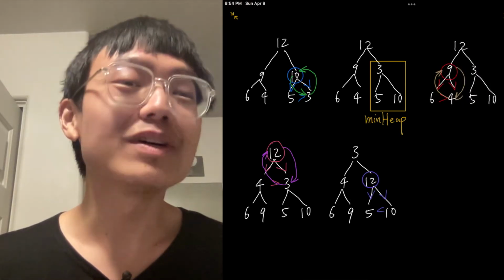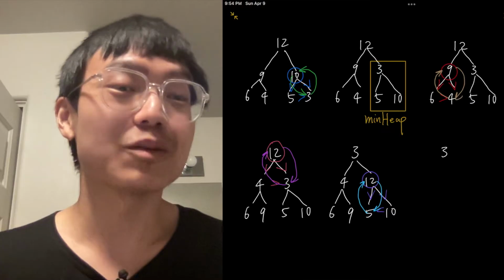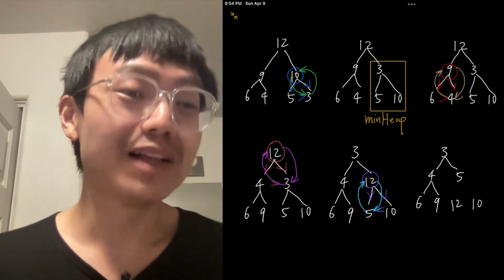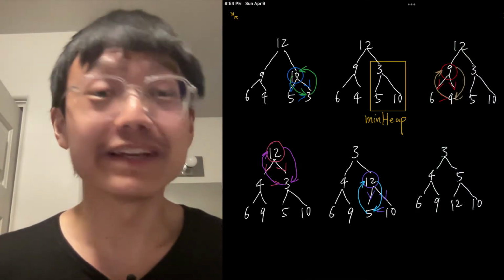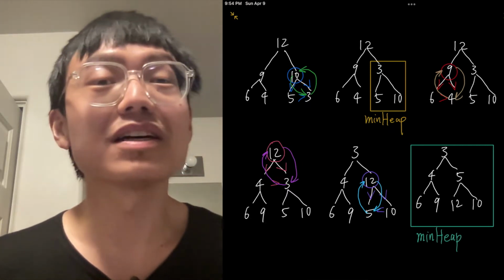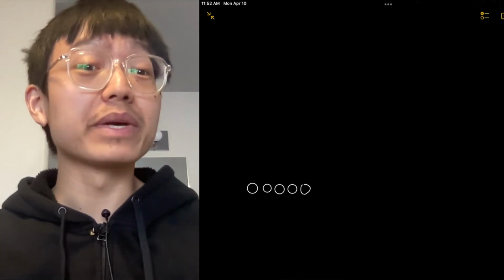All we have to do is exchange it with the smallest child node again, and when this exchange is done, let's look at the current binary tree. Now we can see it is a complete binary tree, and at the same time it satisfies the property of a min heap. So how does this have a time complexity of big O of n?